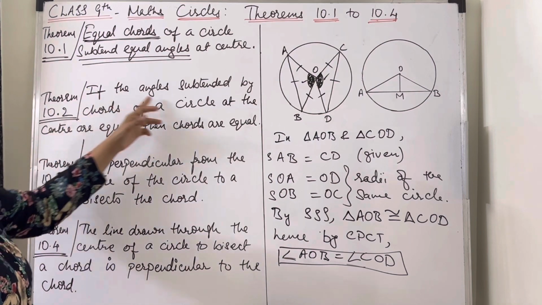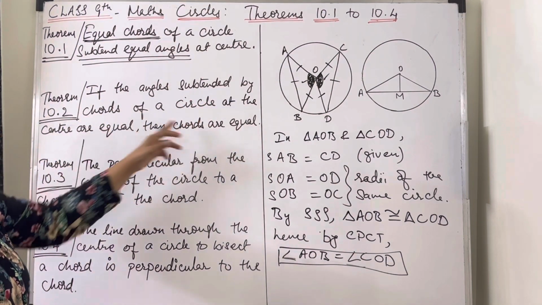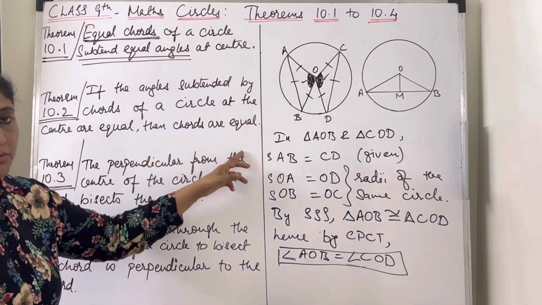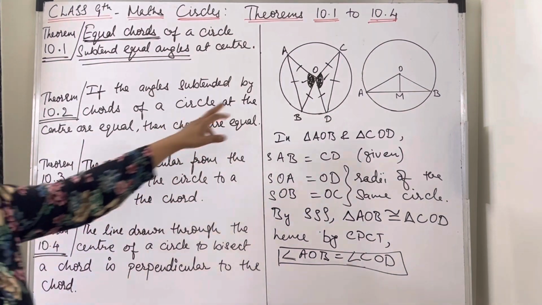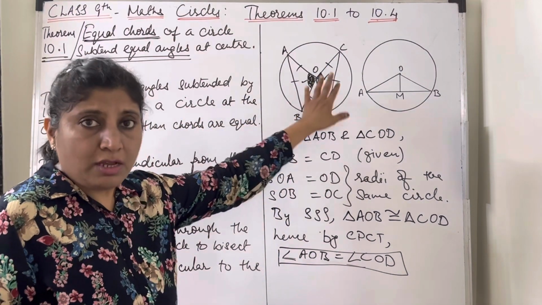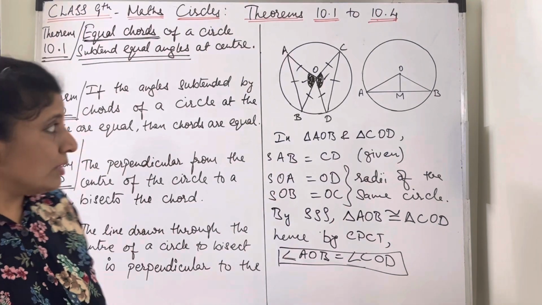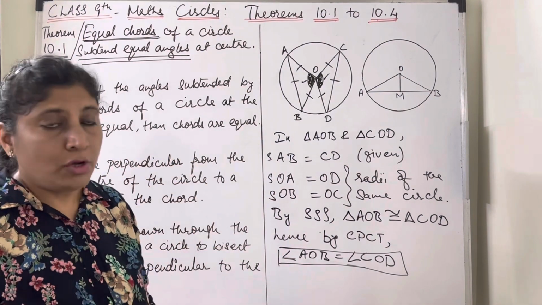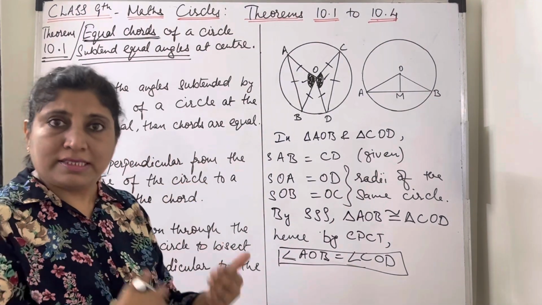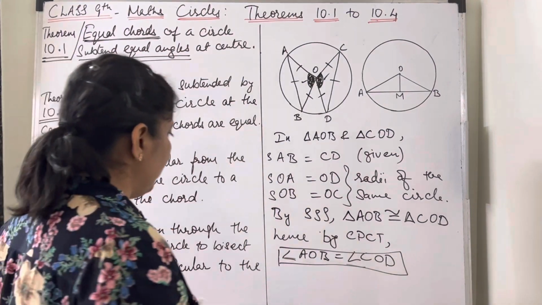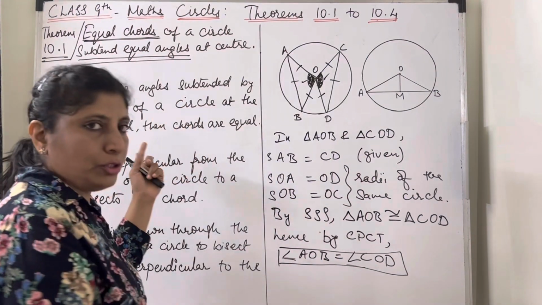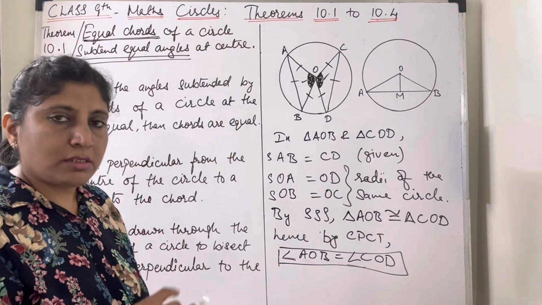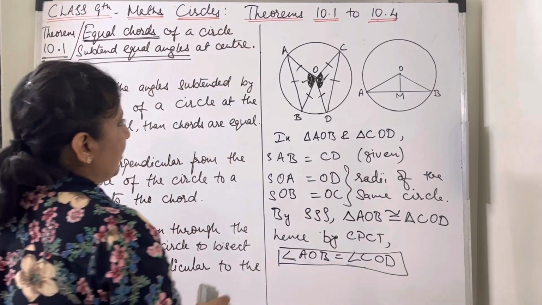10.2 says, if the angles subtended by the chords of the circle at the center are equal, then chords are equal. Now here we have been given that angles are given equal. And what we have to prove is the chords are equal. So this 10.2 is converse of theorem 10.1.